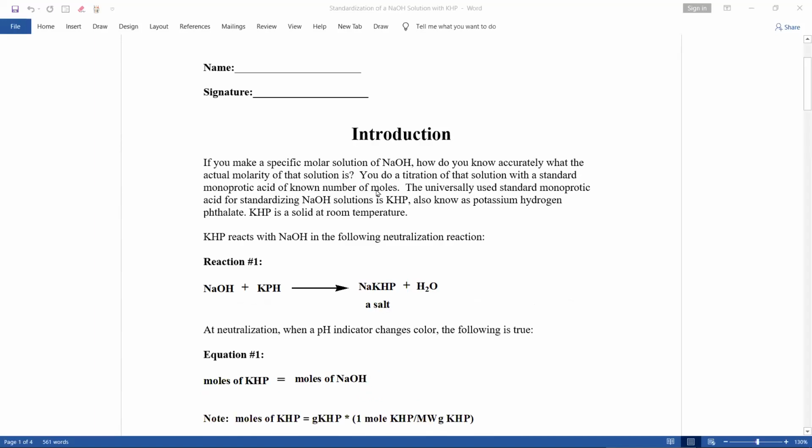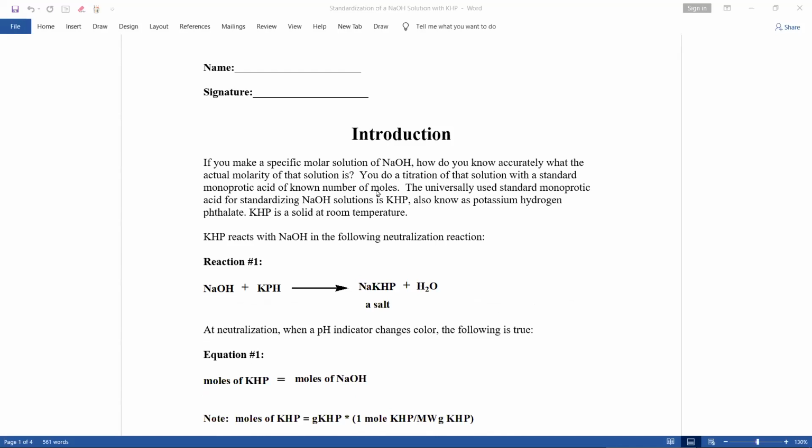If you have a specific molar solution of sodium hydroxide, how do you know, and this is key, accurately, what is the actual molarity of that solution? You do a titration of that solution with a standard monoprotic acid. That means it only has one proton to give up.